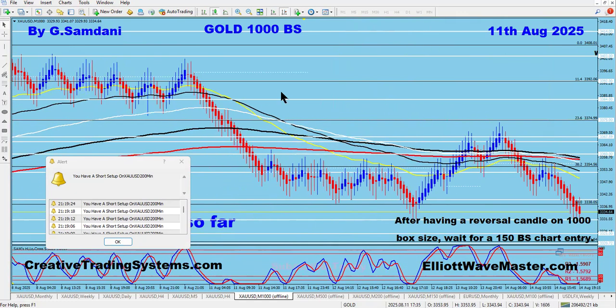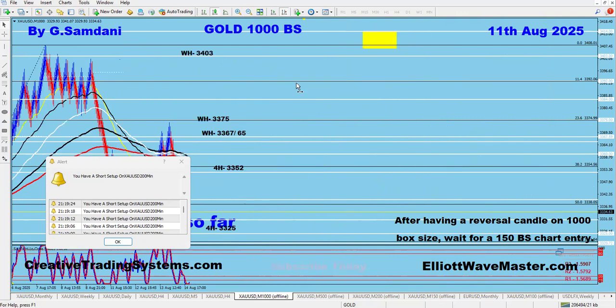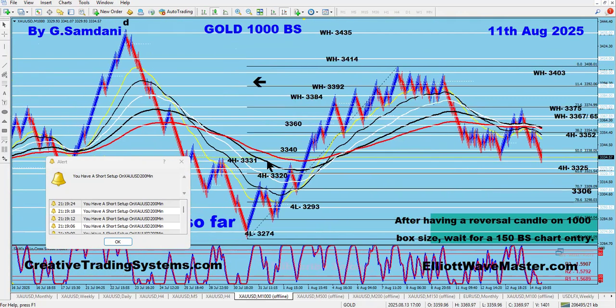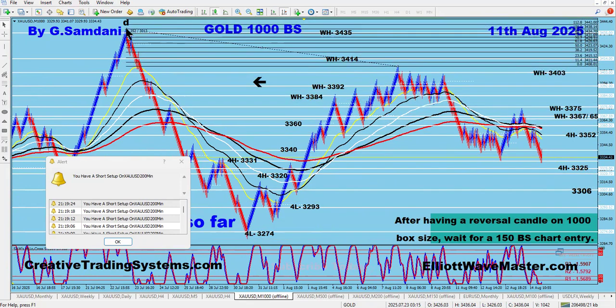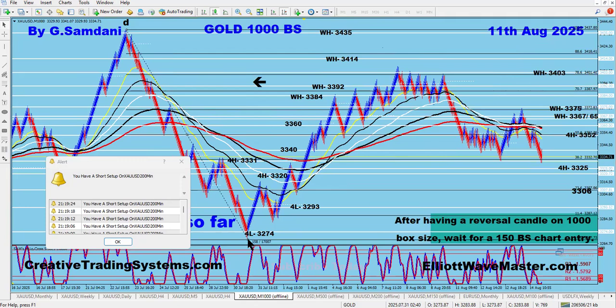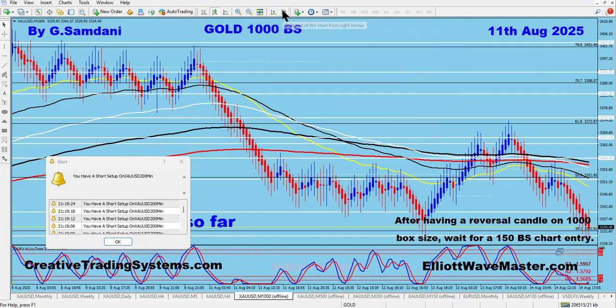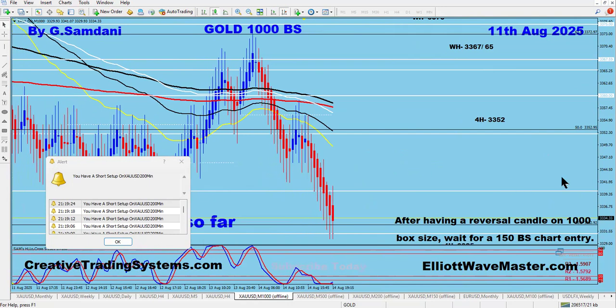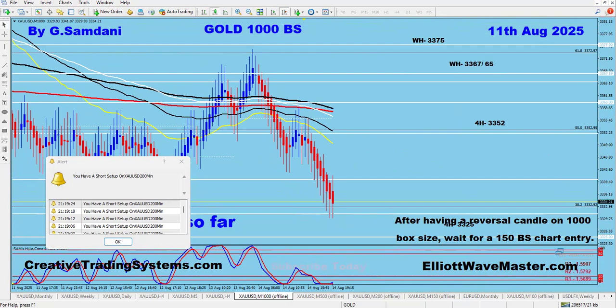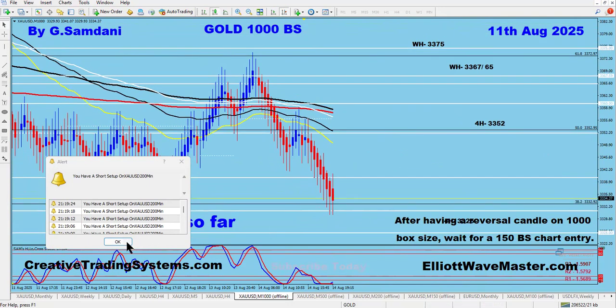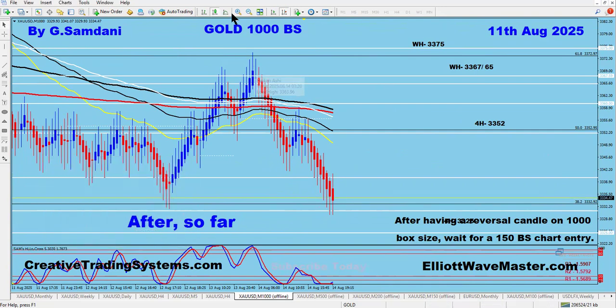This fib here is a little different, I think. Yeah, it is from here to here. But if I go back to the one I'm looking at, that would be this, right? So you can see clearly that it is at 38%, trying to break it to the downside, though. Here, 38%, and then this level is also very important.